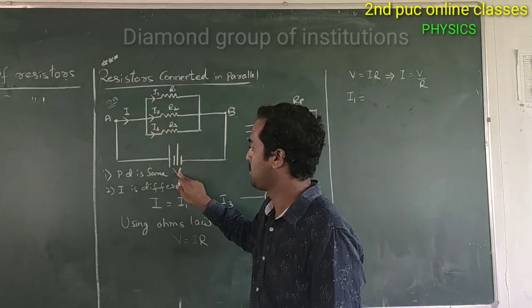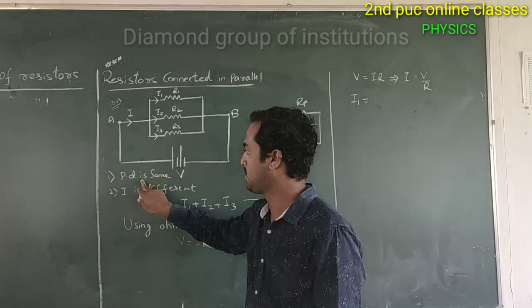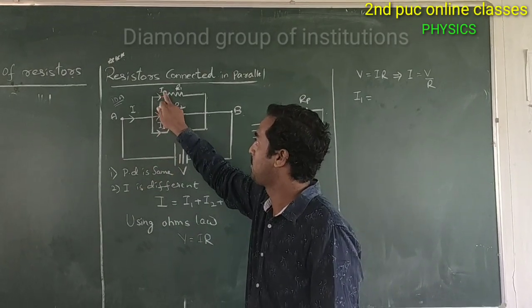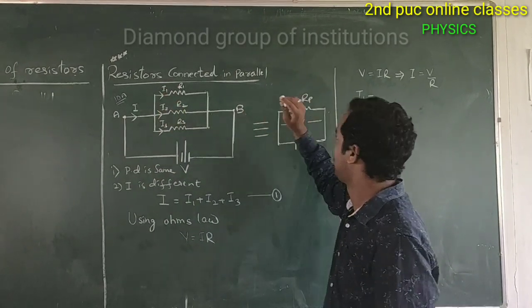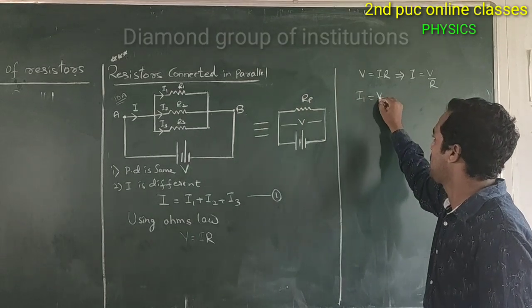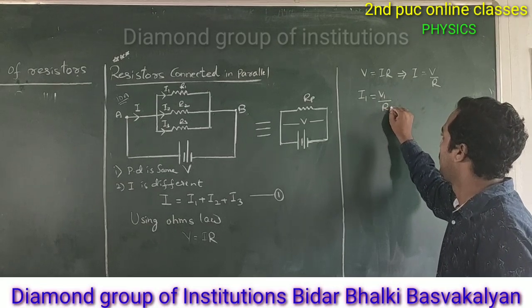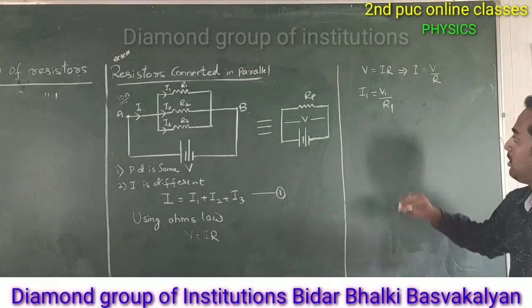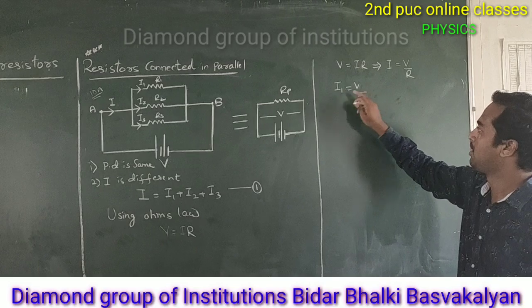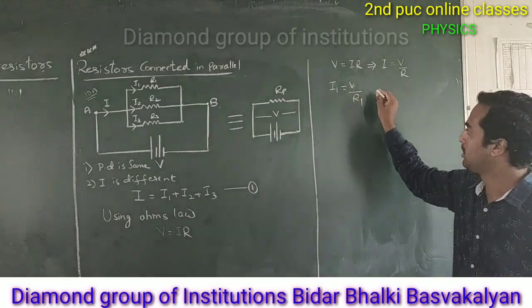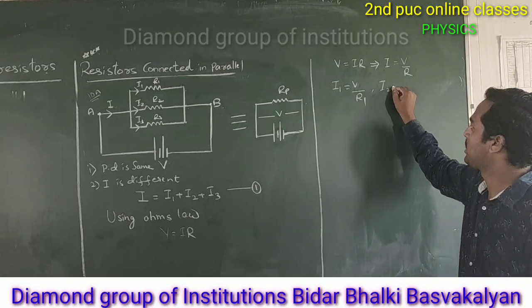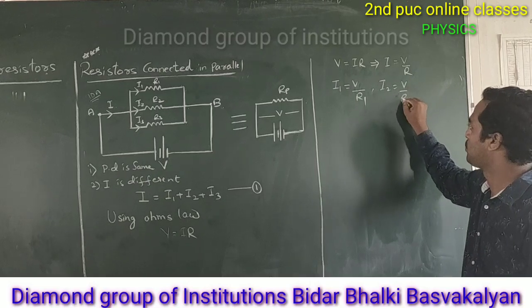So what is the potential difference? V. But that V is the same. But what is different? I1 is different. So I1 equal to V by R1. Next, I2 equal to V by R2.